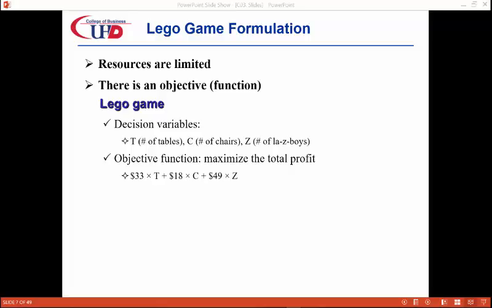We know each furniture's profit margin, so multiplying those margins by the corresponding decision variables, we get the profit function. This is our objective function, and we want to make its value as big as possible by determining the values of T, C, and Z.